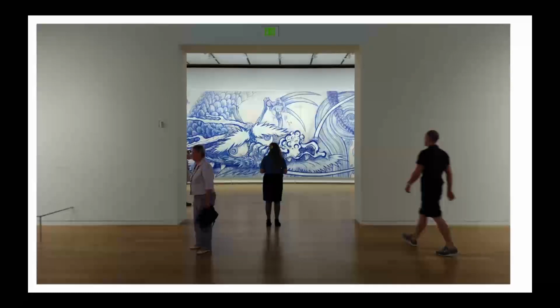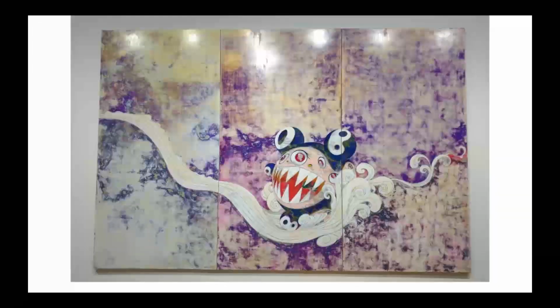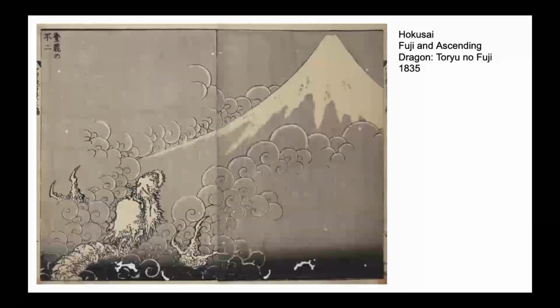His work is massive and huge. He's using these images to reference traditional Japanese printmaking and traditional Japanese motifs, but he's recreating them. These are all pop cultural examples of how his work can be slotted into that genre of work. And again, these are some of his references.